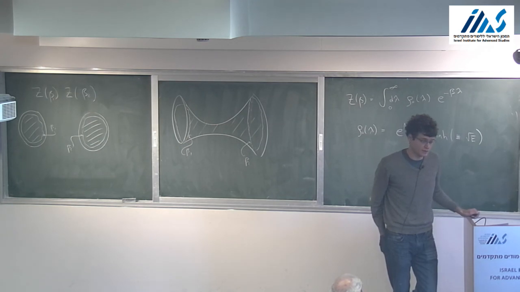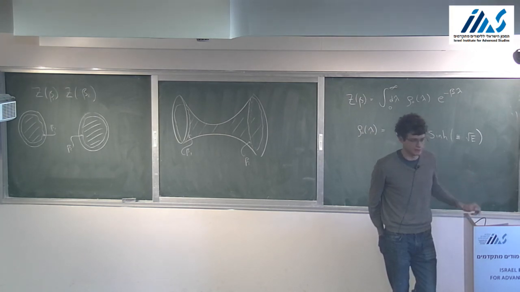And SYK is a nice theory in the sense that it's at least a qualitatively good representation of a black hole. And the correspondence is even a little bit more precise through JT gravity. So that's an advantage of this setting.